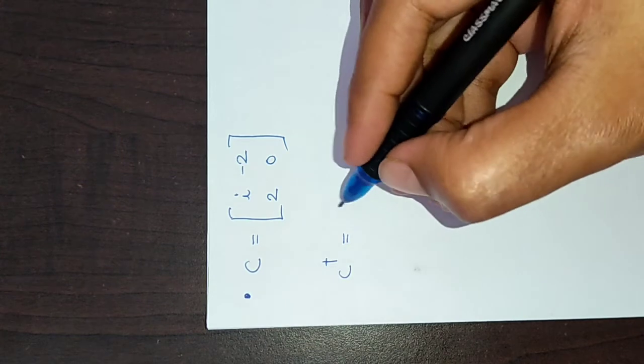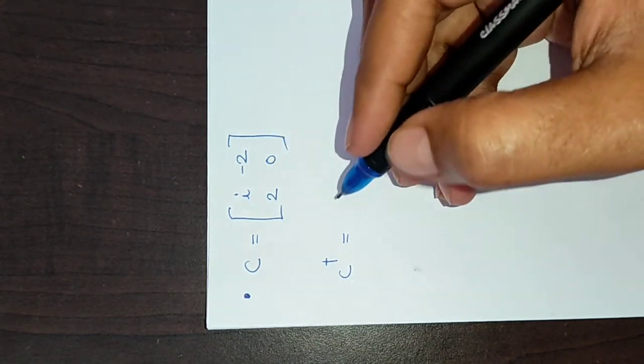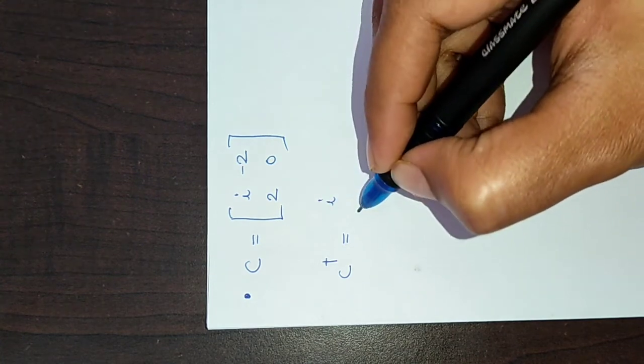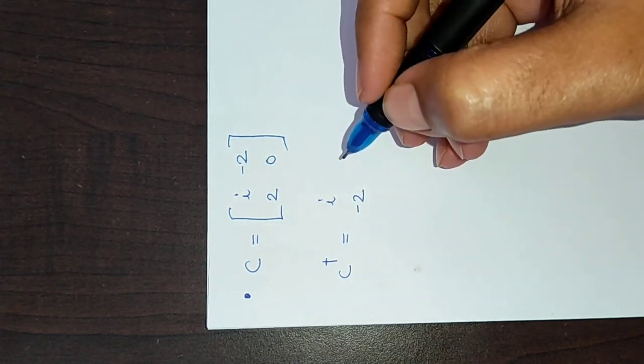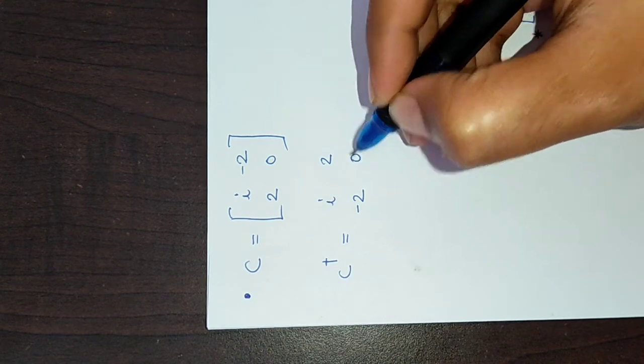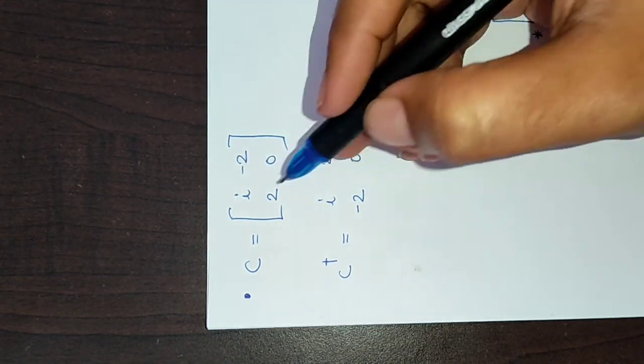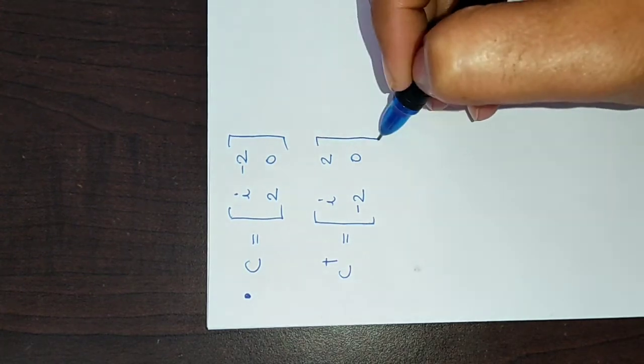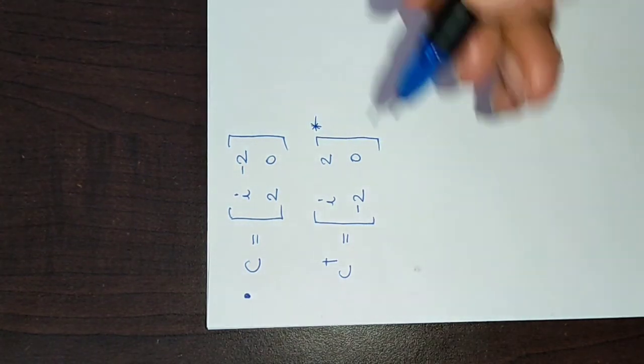Now, let us take another example. The adjoint of C will be: first we have to take the transpose. So it will be i, minus 2 here and 2, 0 here. The first row will be the first column, and the second row will be the second column. And then we have to perform the complex conjugate.